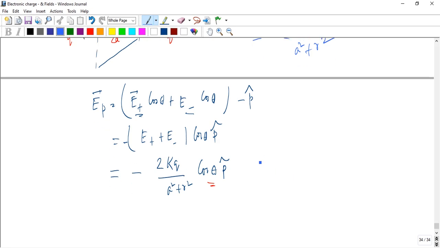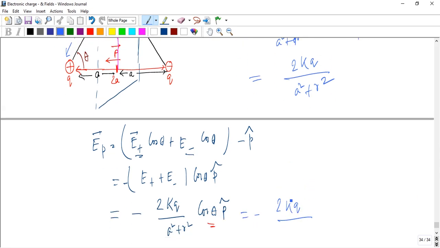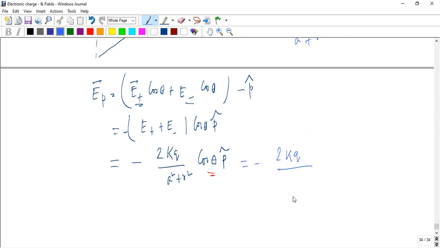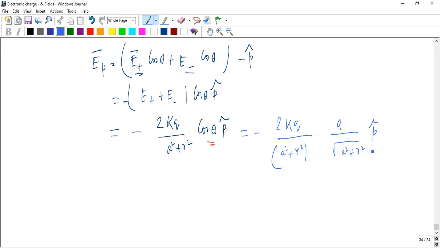Now replace that cos theta: minus 2KQ by A square plus R square, times cos theta, which is base over hypotenuse, root over A square plus R square, and P cap. Now put minus 2K, which means 4 pi epsilon naught.